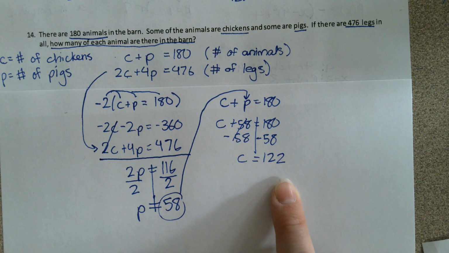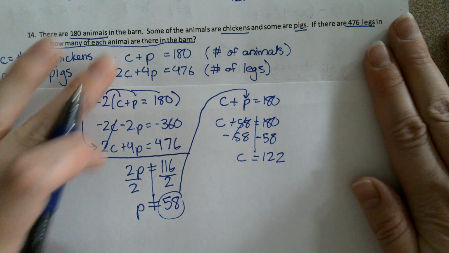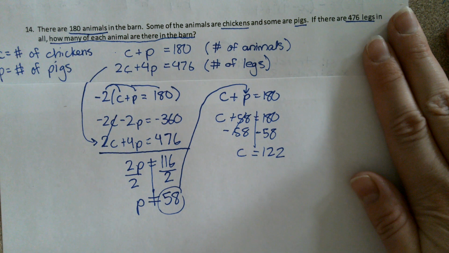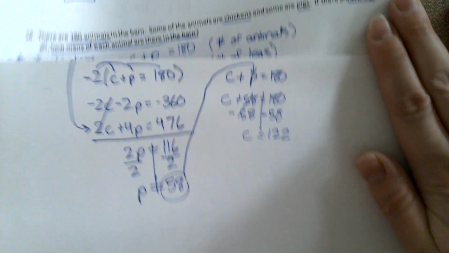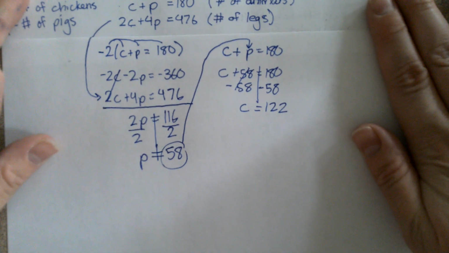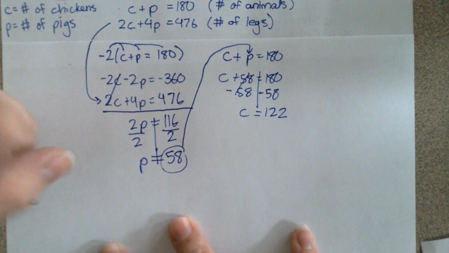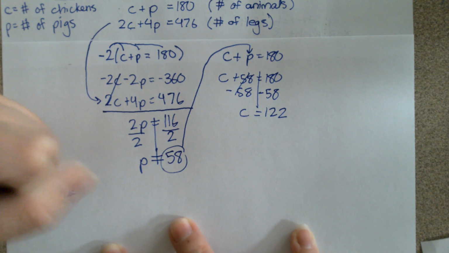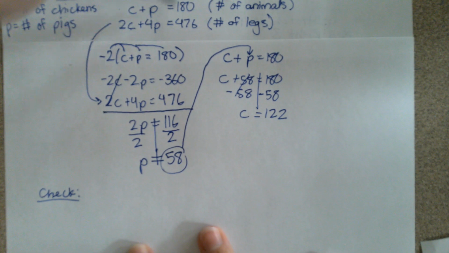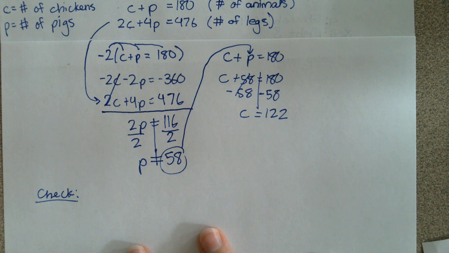Last thing we need to do is check and make sure I didn't make any mistakes. So we're going to plug that answer into both equations. Running out of room over here. There we go. Let's check. So I'm plugging these back into the original two equations. I'll check the top equation first.